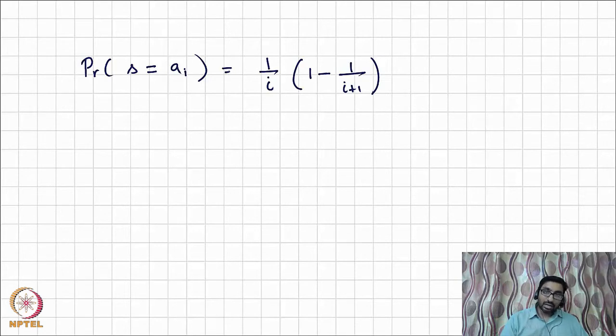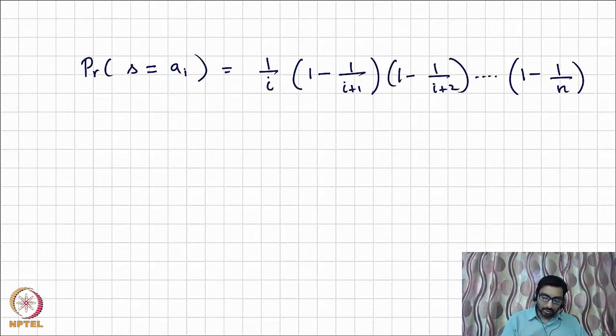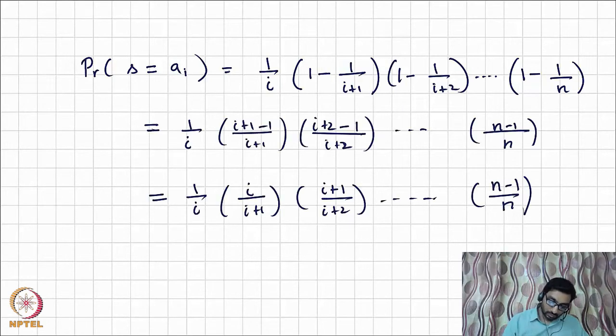And this same pattern has to continue. The i plus 2th item also should not have replaced item i. We get this sequence of multiplicative terms. So let's see how these multiplicative terms expand out.